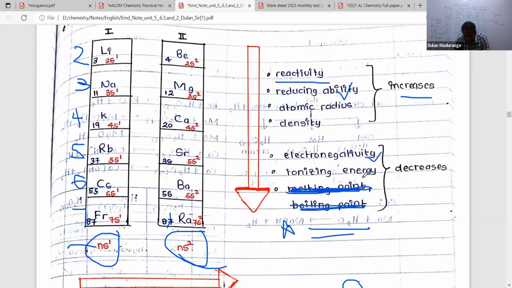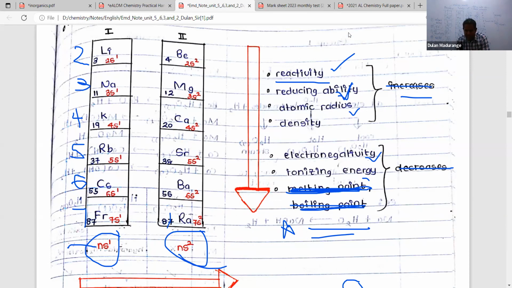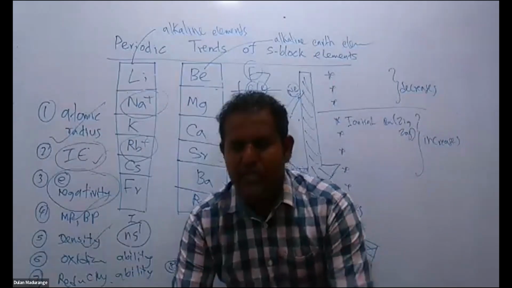Electronegativity decreases, ionization energy, just wait. Reactivity increases, that's okay, reducing ability increases. Atomic radius. I mean, we have to change that side, right?